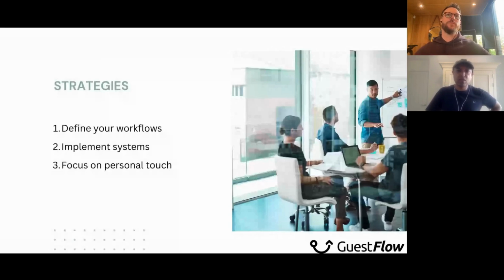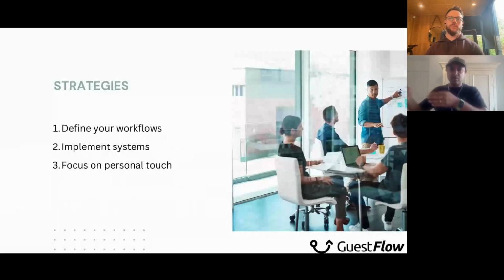So these come kind of like one after the other, right? You do need to be able to understand what your workflow is. Okay, that's the first thing. And in order to do that, really, it's pen to paper, right? You've got to get this written down and mapped out. The kind of things that we need to define here are the way that you break your guest journey down into chunks, right?